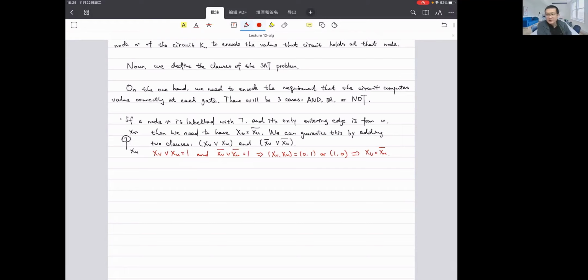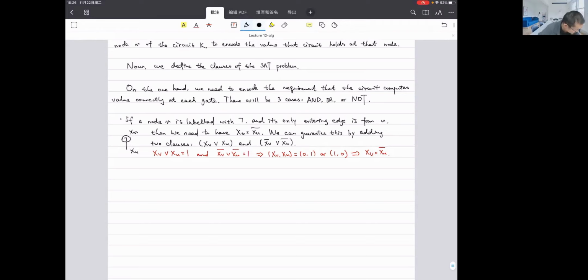Any questions about what we add here for a NOT node? For the NOT case, this is relatively straightforward. We still need to deal with the AND gate and the OR gate. Let's consider an OR gate.